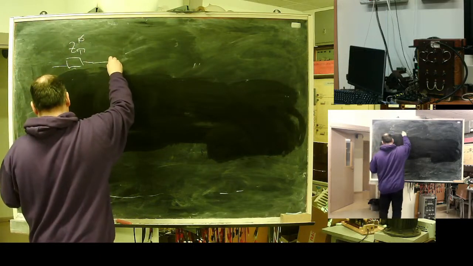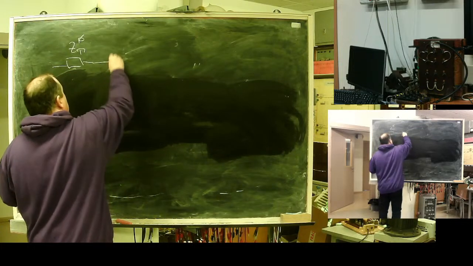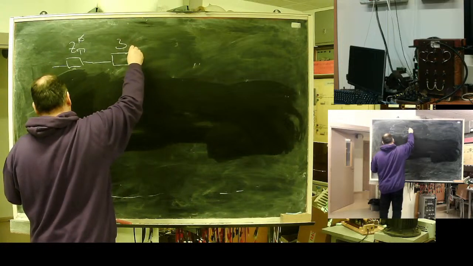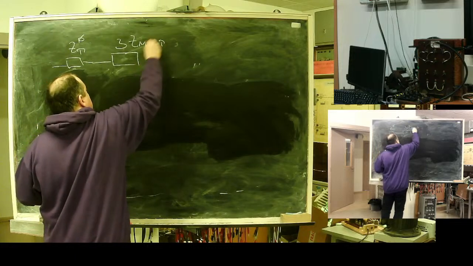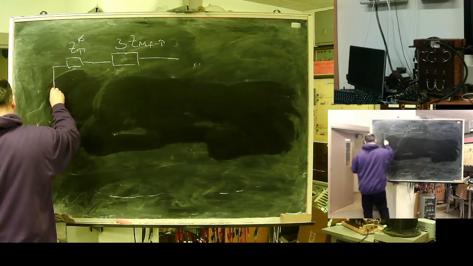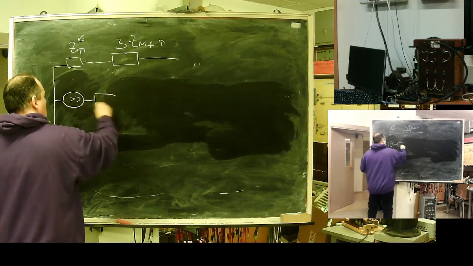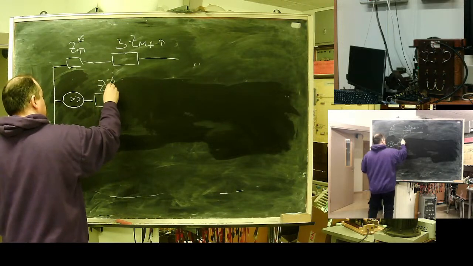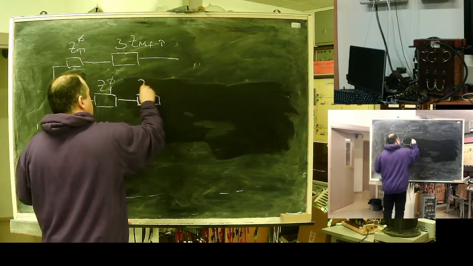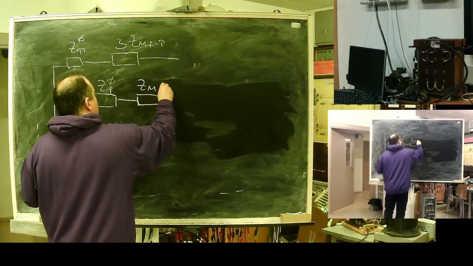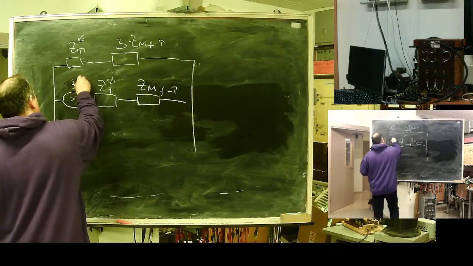Zero sequence resistance of my wire. Next, triple phase. Zero sequence resistance of one phase. The mutual resistance phase to wire, this one.